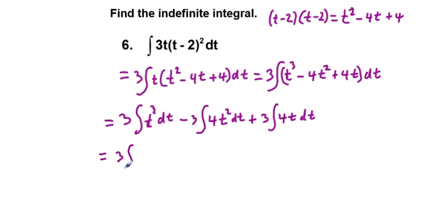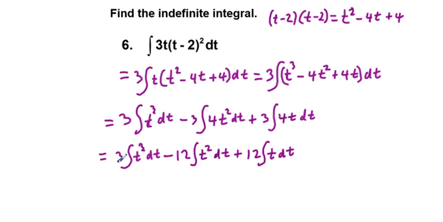So here we have t cubed dt, minus, and we're going to take this 4 times this 3, so we have minus 12 integral of t squared dt, plus 3 times 4 is 12, the integral of t dt.